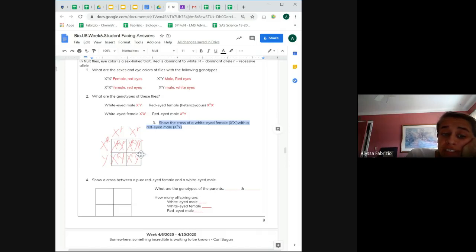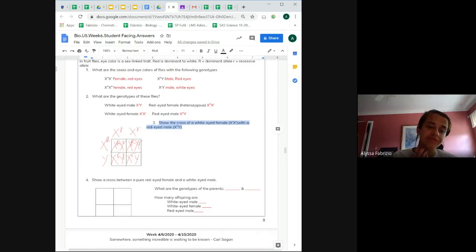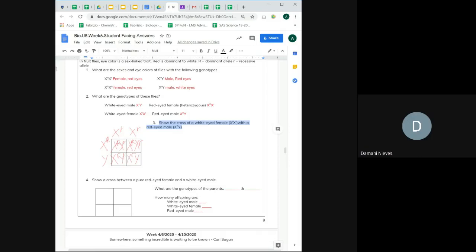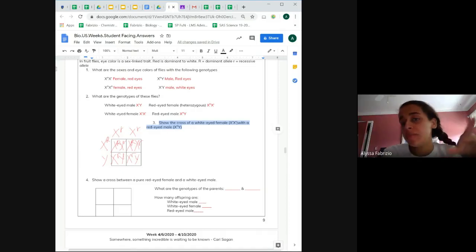And notice how you can tell: remember, the capital R is dominant and the lowercase r is recessive. So if it's lowercase, it's going to be white eyes. But remember, for something to actually show the recessive trait, it needs to have only lowercase.